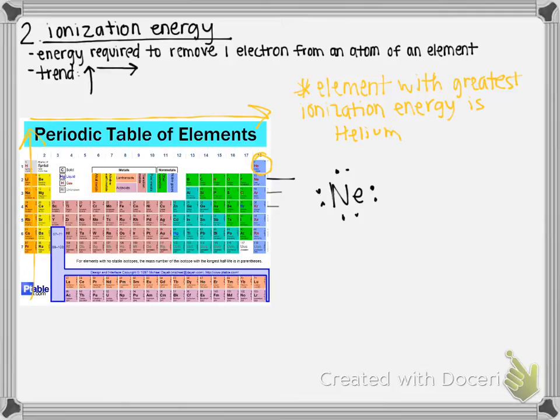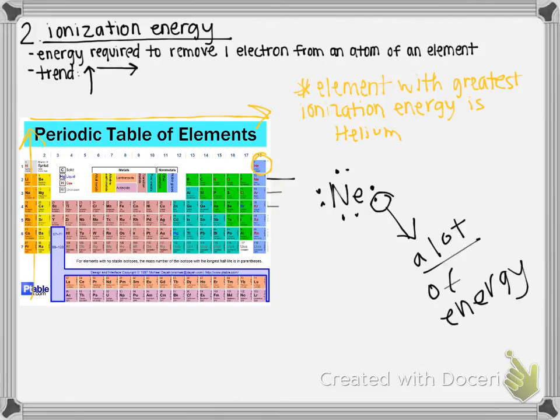Those noble gases are completely happy. They have everything they want. And so in order to remove one of those electrons, it takes a lot of energy. That is why the noble gases have the greatest ionization energy.